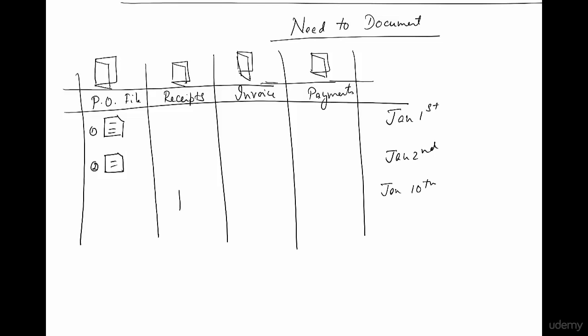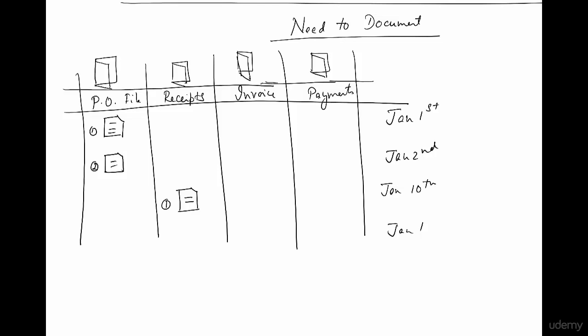And on Jan 10th, I get a receipt. The vendor is going to send the receipt, right? This is going to be similar to how Amazon sends you a shipping label. So that comes along with your package, right? So it says, here are your products and these are the quantities. I'm going to file it in the receipts folder.